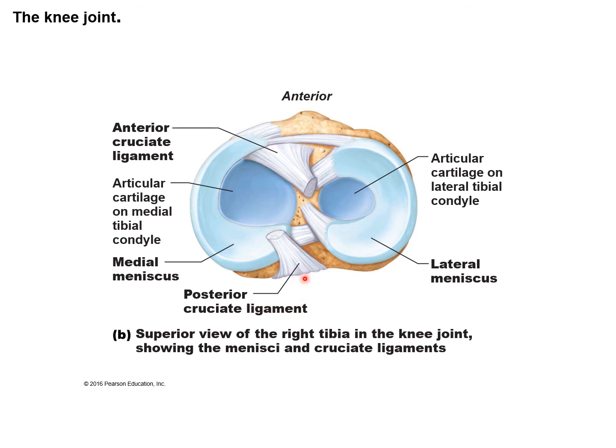PCL is going to attach to the posterior aspect of the tibia, and it will serve to help prevent backward sliding of the tibia away from the femur. Medial meniscus, and then we have our lateral meniscus. Underneath that, we're going to find our articular cartilage covering each bone, covering the tibia and the femur.